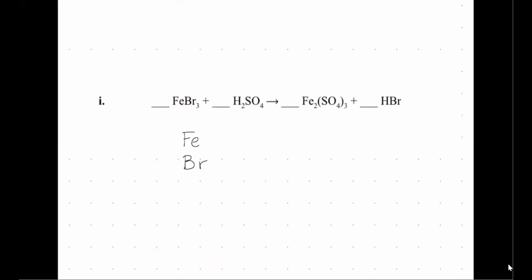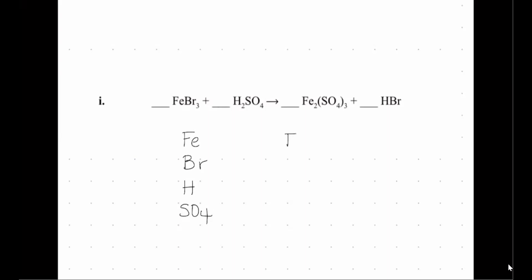Treat it as a unit. Hydrogen is by itself and SO4 is a unit. If it is SO4 or any polyatomic ion, especially in a double replacement reaction, because they're going to be a unit in the reactant and the product, treat them as a unit when you are balancing the equation.